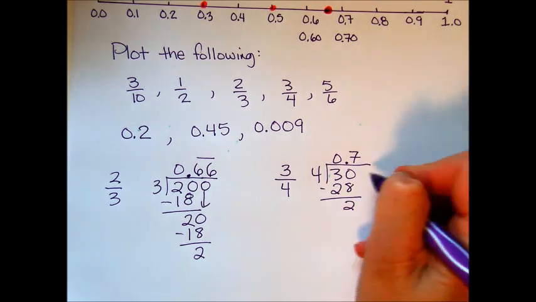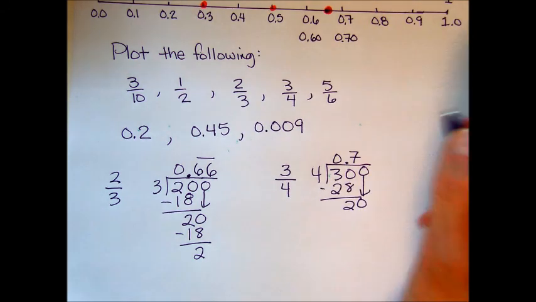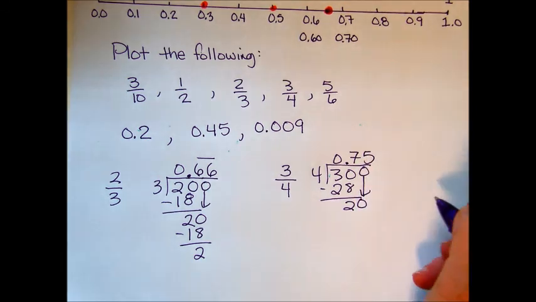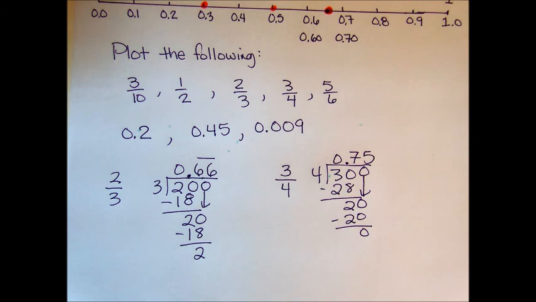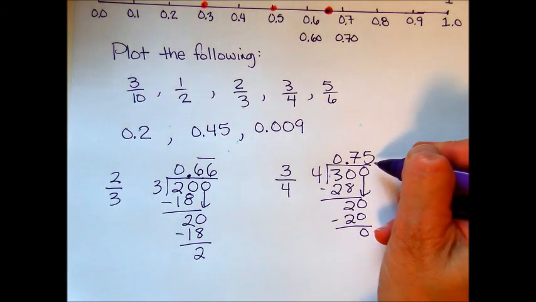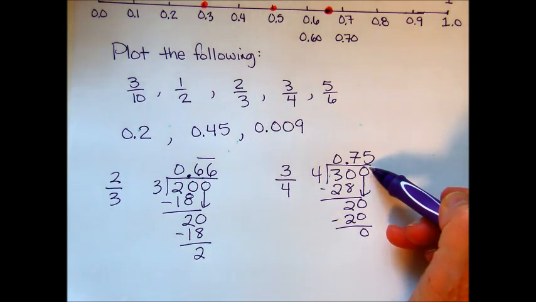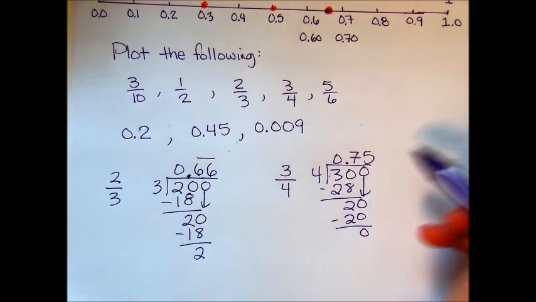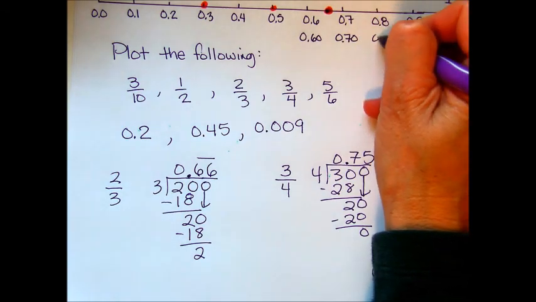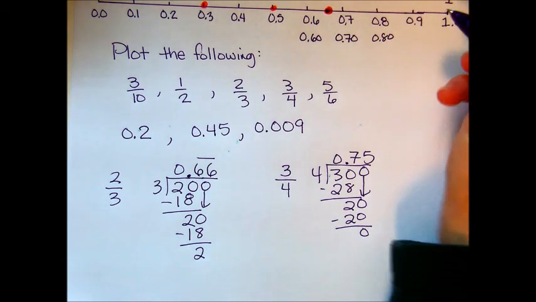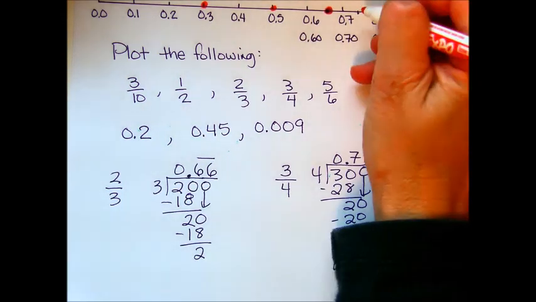Bring down the 2, add another 0. 4 does go into 20 5 times evenly, so I'm not going to have any left over, so I can stop here. So again, like the last one, I'm dealing with hundredths. This is 75 hundredths. So that's going to be between the 70 hundredths and the 80 hundredths, exactly halfway. So again, I'll use the red.